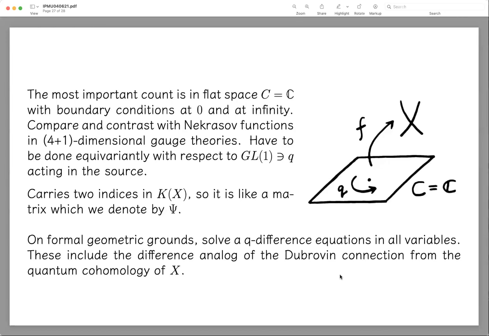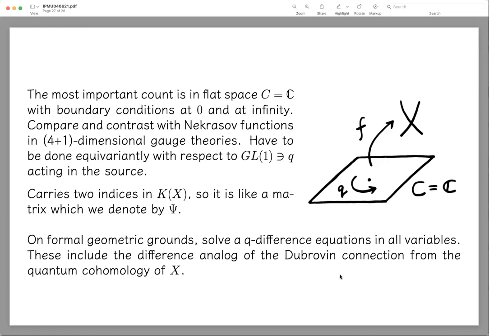acts on the space by rotation and on X however it acts. There are two fixed points of rotation in space, the origin and infinity, and we insert two things there. We can compute that, and the result is what I said it is. The fact that something like this solves a q-difference equation is on formal geometric ground. It always does.